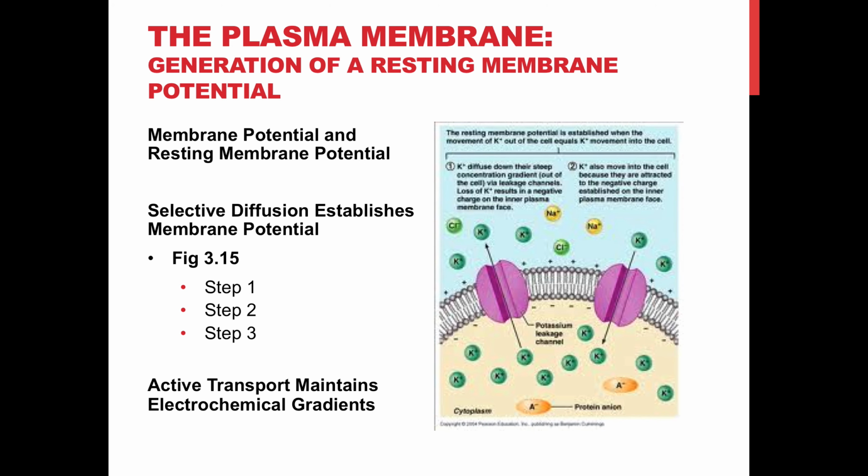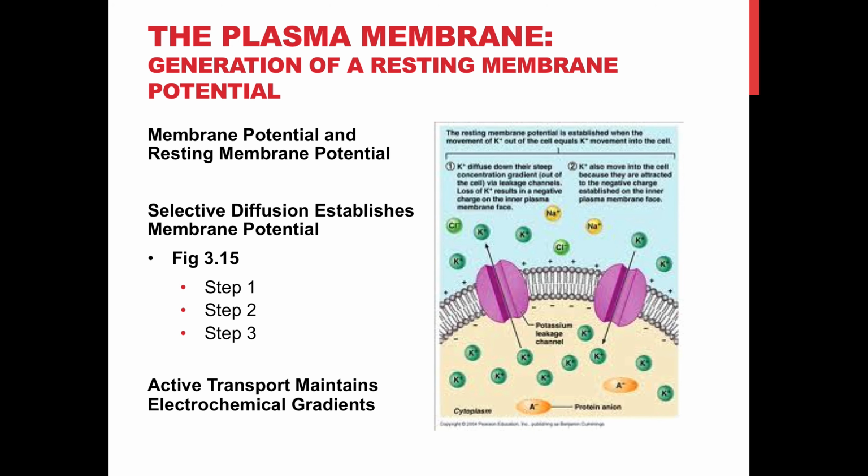There's a little step list here. Step 1: as more and more potassium leaves the cell, the negativity of the inner membrane face becomes great enough to attract potassium back toward and even into the cell. At a membrane voltage of -90 millivolts, potassium's concentration gradient is exactly balanced by the electrical gradient, and a resting membrane potential is achieved. One potassium enters the cell as one leaves, so there's no net flow of potassium.